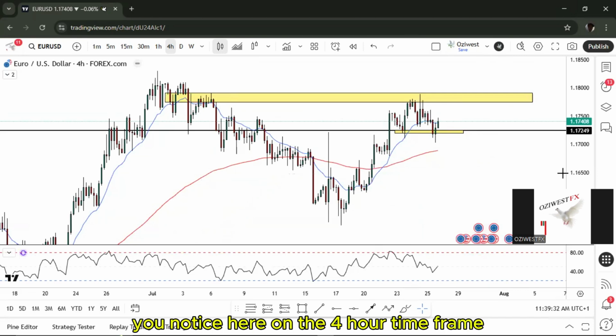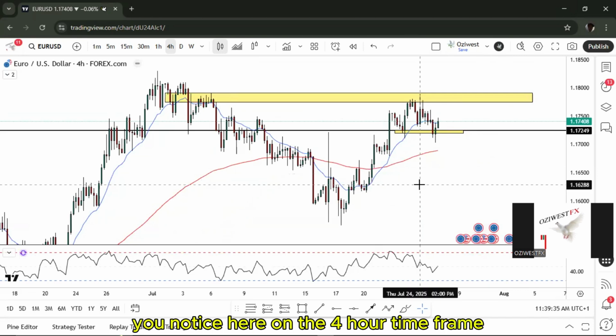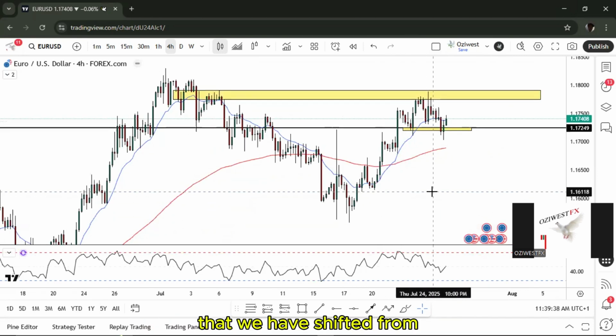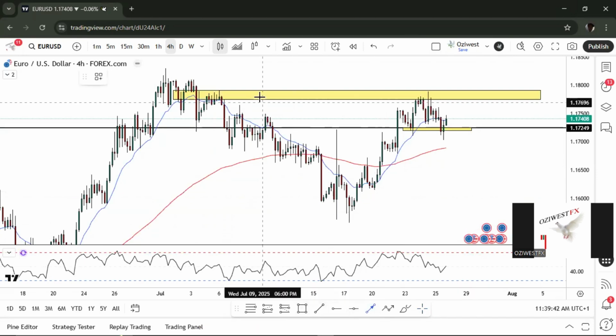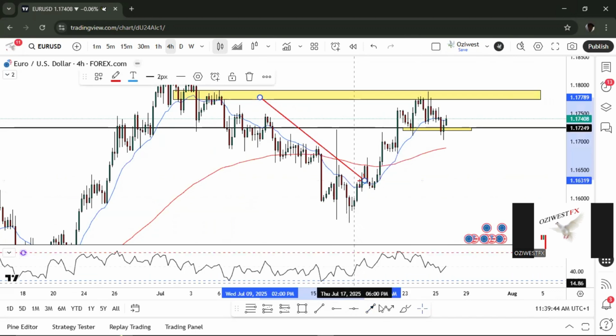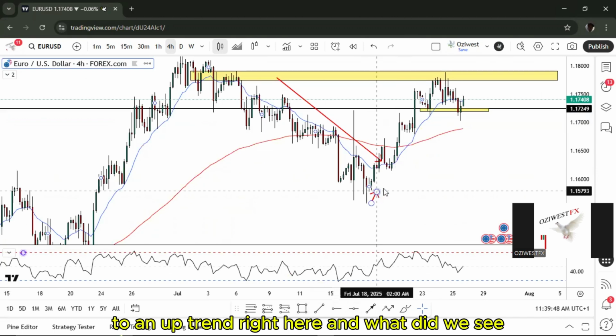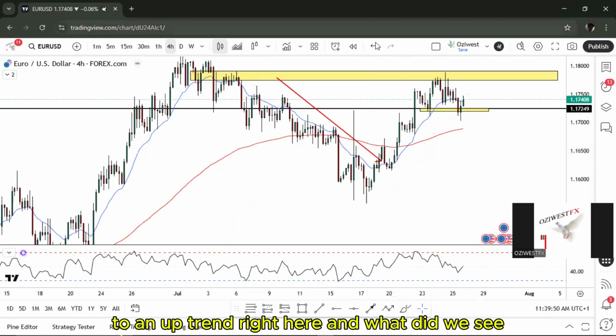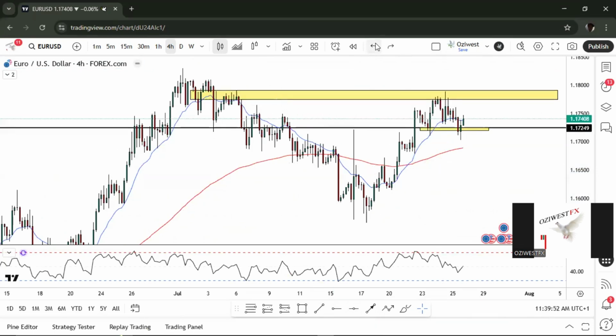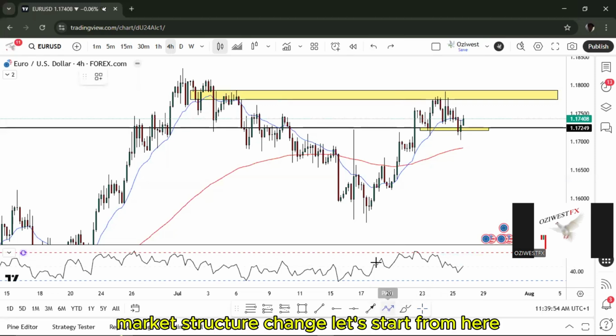Looking at Euro USD, you notice here on the 4-hour time frame that we have shifted from a downtrend to an uptrend right here. And what did we see? Market structure change. Let's start from here.